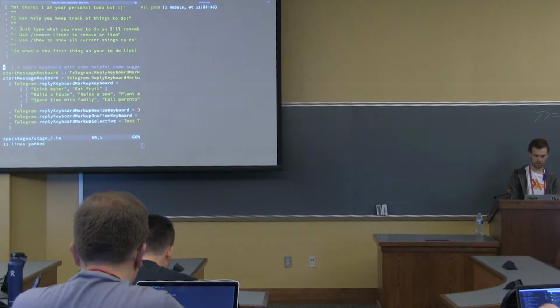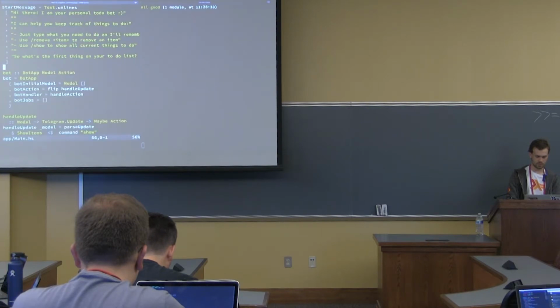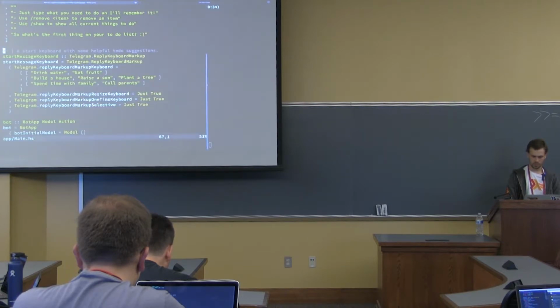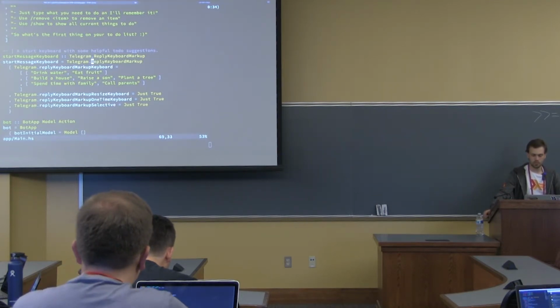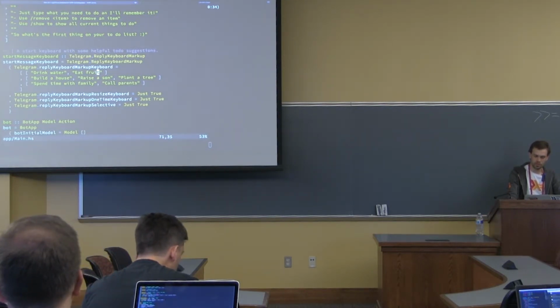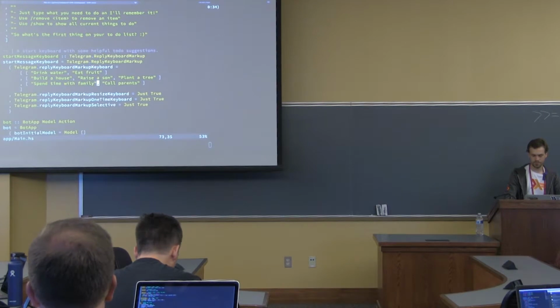Okay, so there's a start message keyboard. So just so that I don't have to type this, I'll just copy this and explain. So start message keyboard is a reply keyboard markup. This is a data structure that's needed by the Telegram API, and it has some reply keyboard markup, which is just a list of lists of text messages, and that will appear under the message box.